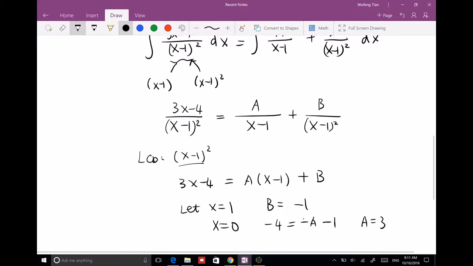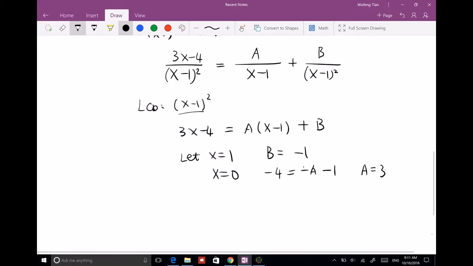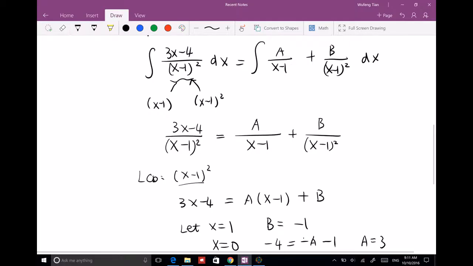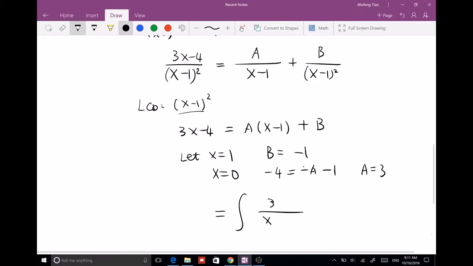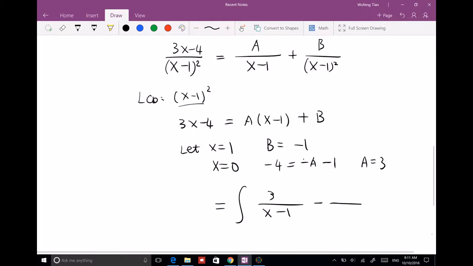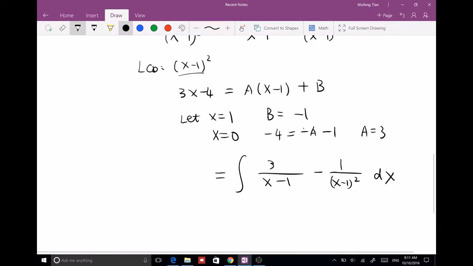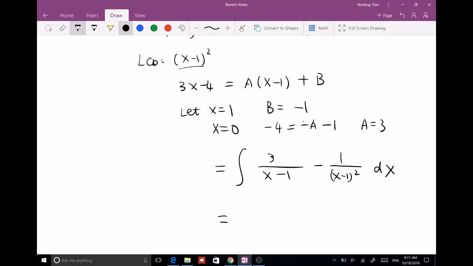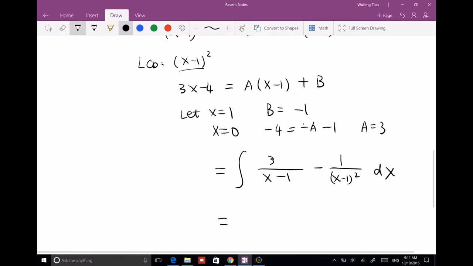Now my integral becomes two separate integrals: A is 3, so it's 3 over x minus 1, B is negative 1, so it's minus 1 over (x minus 1) squared dx. Okay, so now I need a student to help me finish this integral here.